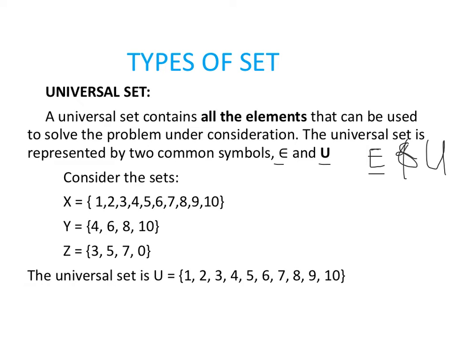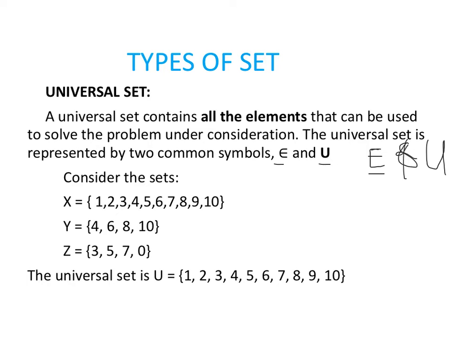Consider the sets X equal to 1, 2, 3, 4, 5, 6, 7, 8, 9, 10. That is, X is a set of positive integers 1 to 10, while Y is a set of 4, 6, 8, 10. Z is a set of 3, 5, 7, 0.